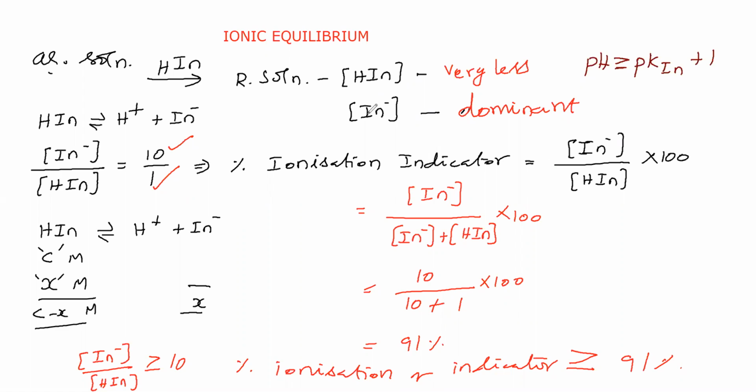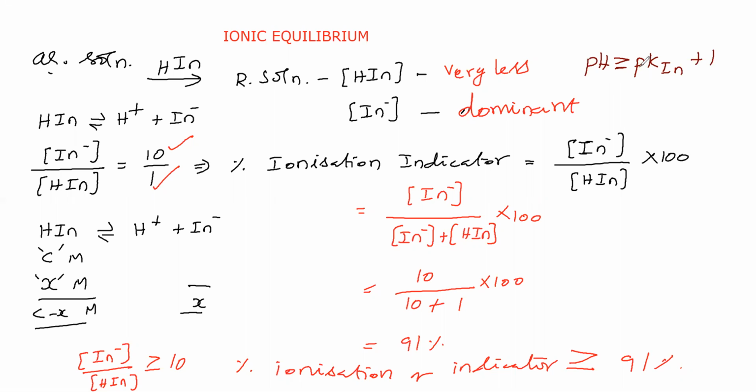Okay, so suppose we want the color of In minus in the resultant solution, then what should be the pH of this aqueous solution? This aqueous solution pH should fall under this category. That's all.